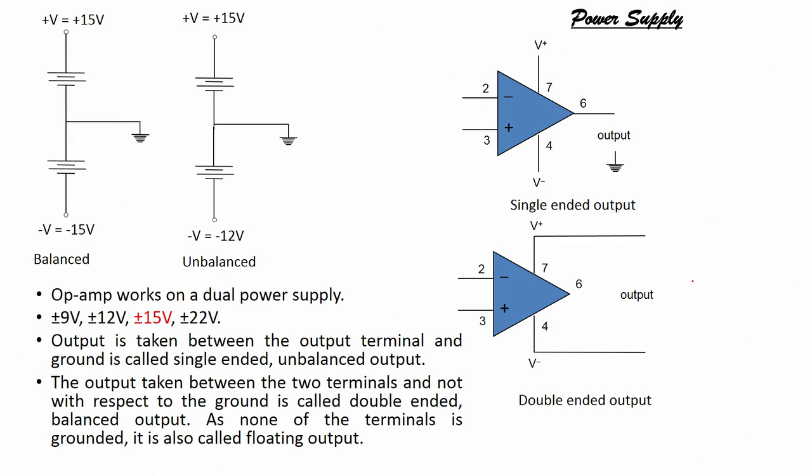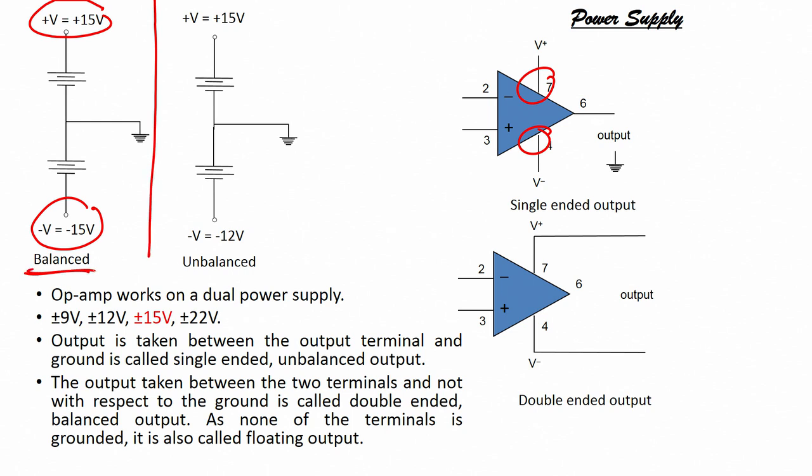Now, let us see power supply. You have seen that if I apply plus 15 volts and minus 15 volts to the op amp at pins 7 and 4, then it will be my balanced power supply, because both are the same.